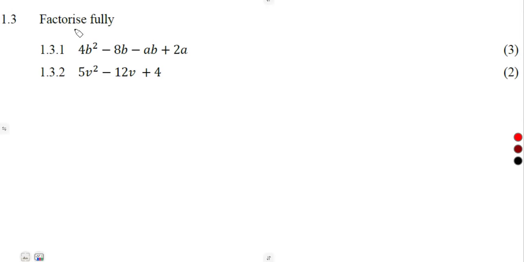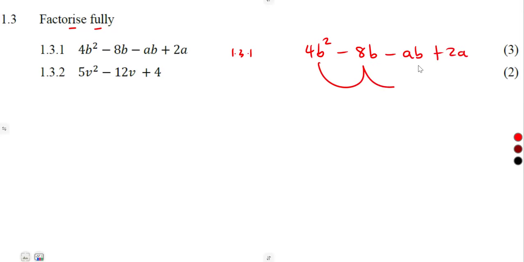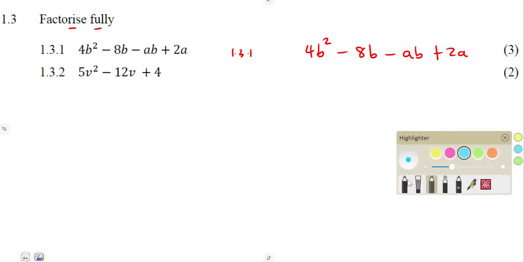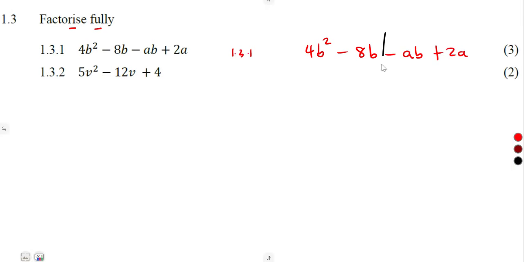1.3 factorize fully, all right? And we had 1.3.1, which is 4b squared minus 8b minus ab plus 2a. These are 4 terms. So to factorize these, we can do this by grouping.